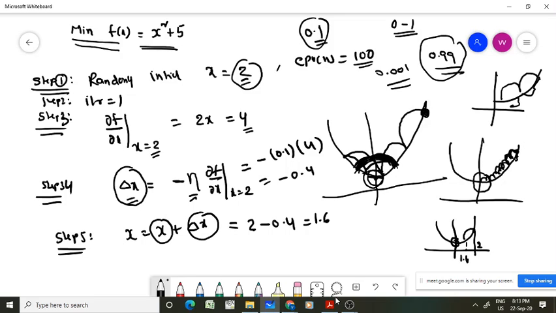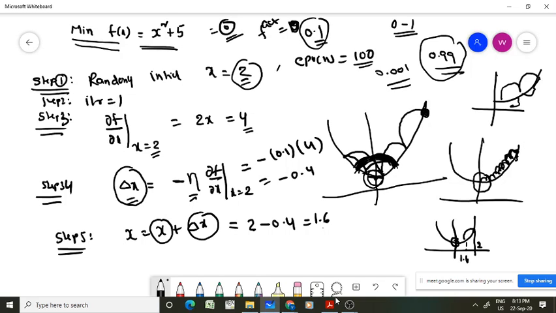So we know our solution is equal to 0. That means you can say the actual minimum value of f, the actual value, is equal to 0. But what is the current value?